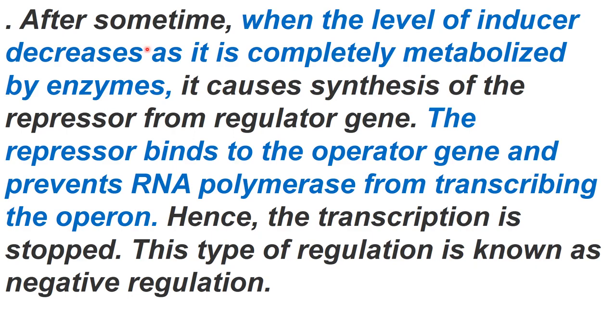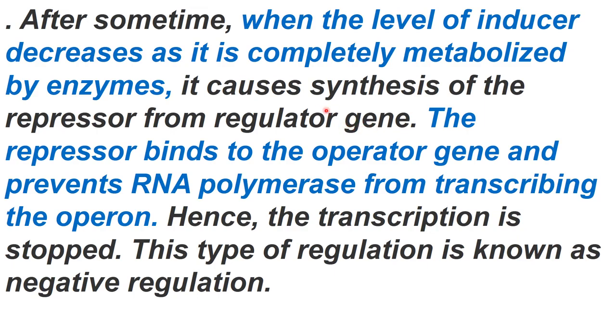Then what will happen after some time when the level of inducer decreases? Inducer means lactose, because enzymes are continuously using the lactose. So when the level of inducer decreases, it is completely metabolized by the enzymes. It causes synthesis of the repressor from the regulator gene.